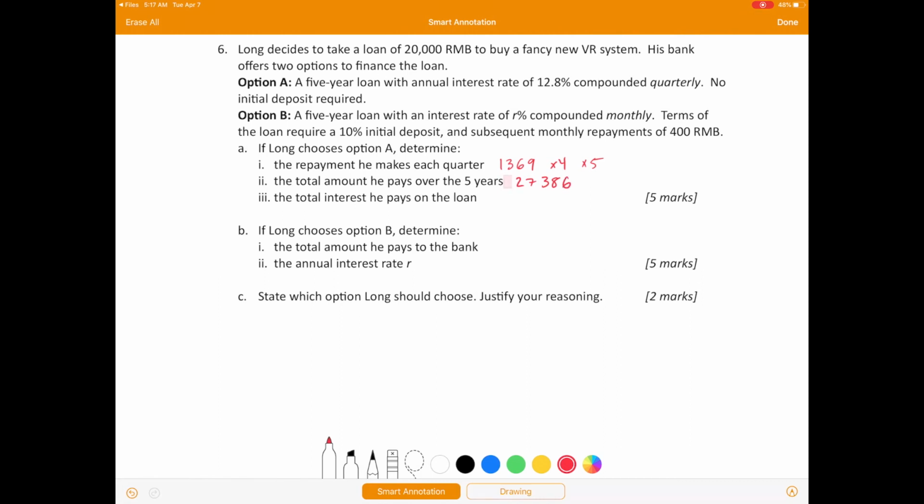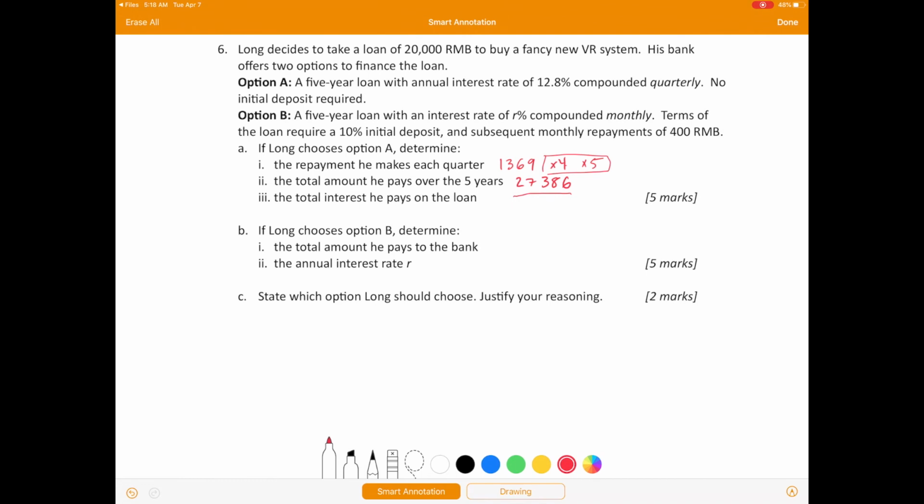Now this number comes from using the full decimals. Like I mentioned before, you can write the answer as 1369 if you'd like, but when you work any other part, like when I multiply by 4, multiply by 5, I need to use the full decimal in order to get the 27386 RMB.